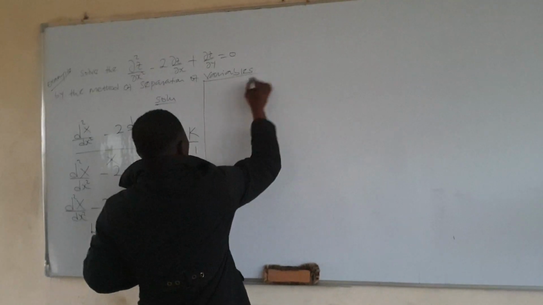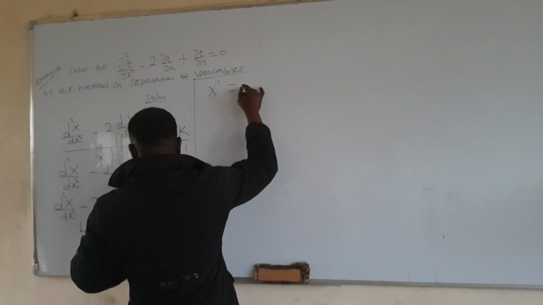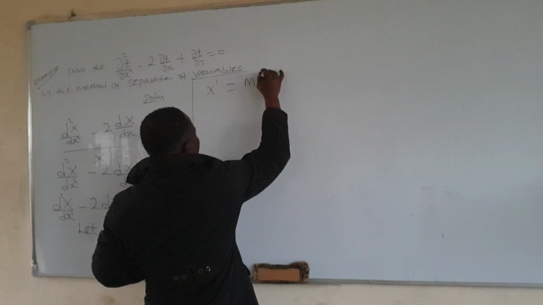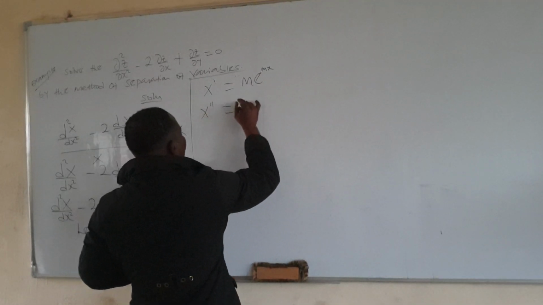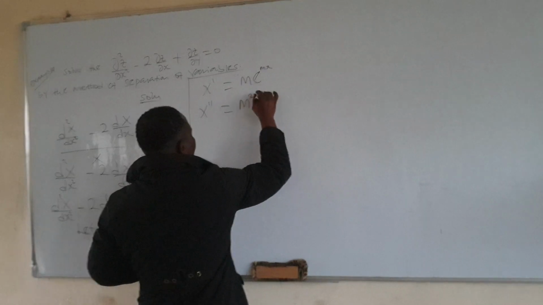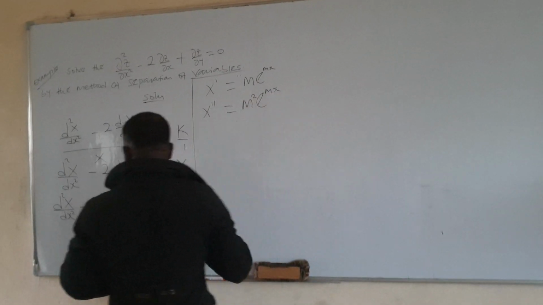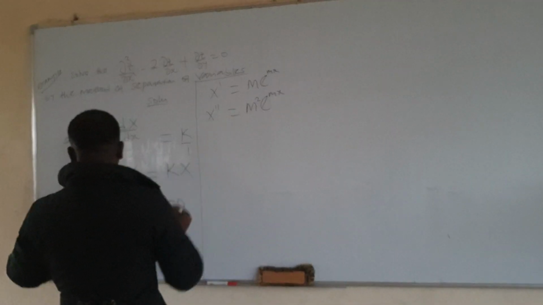So our x prime will give us m exponential mx. Then our x double prime is equals to m squared exponential mx. Is that clear? So we substitute it here.